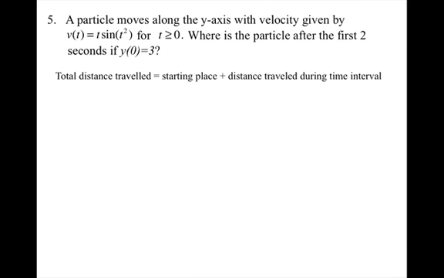We know that the total distance traveled equals where you start plus the distance traveled during the time interval. In this case, we're starting at 3. If you're on a number line, that's our starting place. The distance you've traveled on that time interval is the area underneath the velocity curve from 0 to 2.